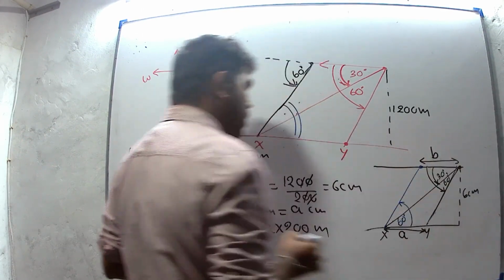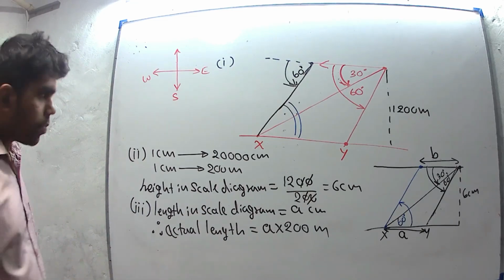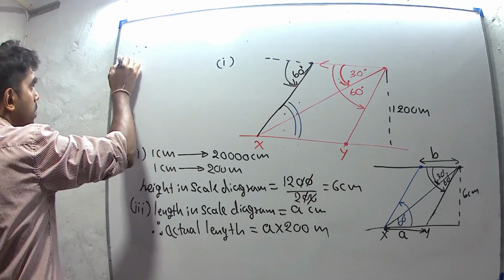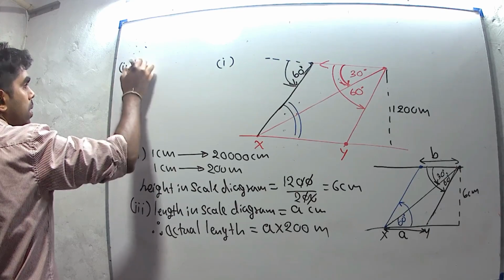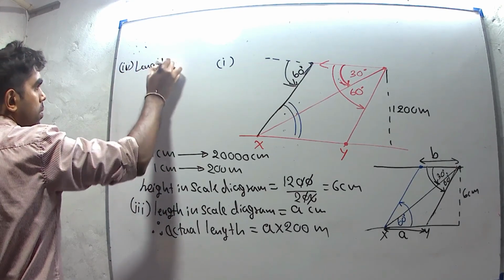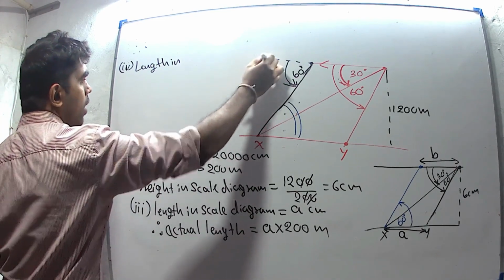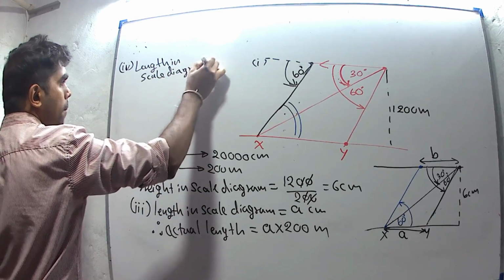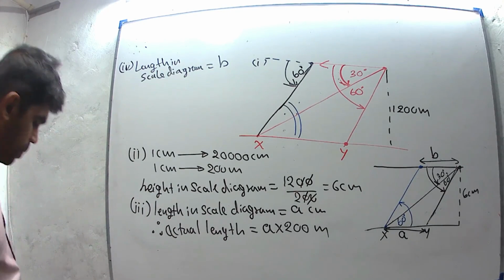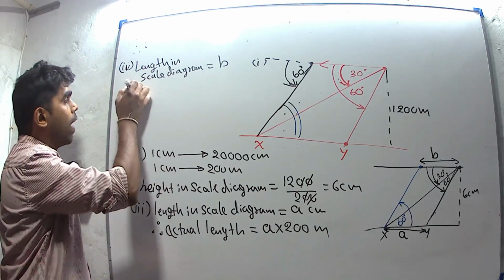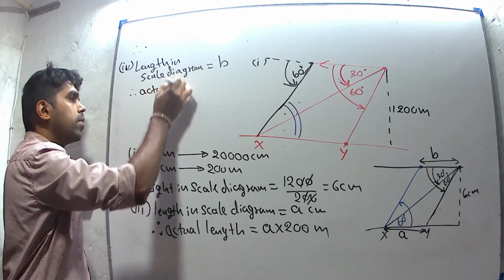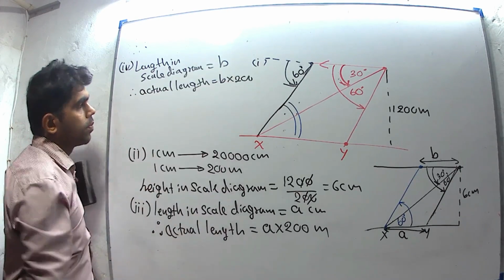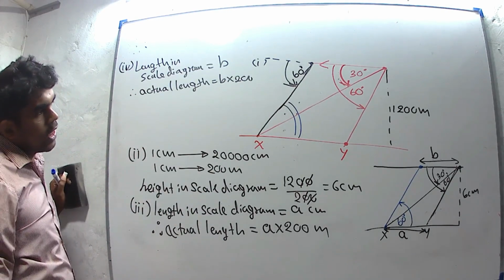I will consider it as B. Then we can write the length in scale diagram, B. We have to get the value of B. Therefore, actual length is B multiplied by 200.